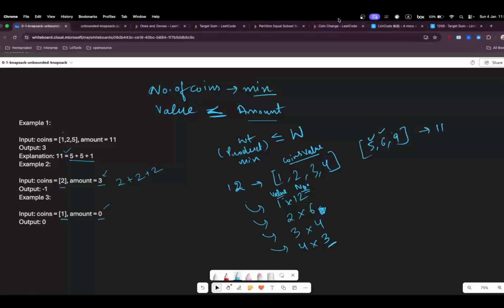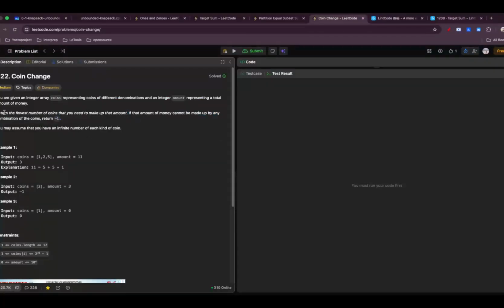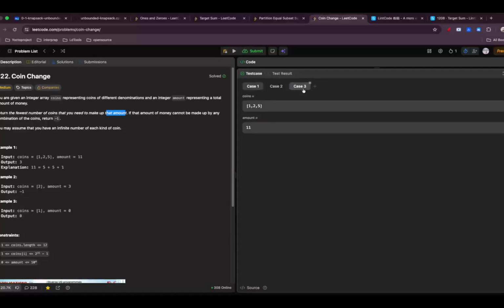Because if you see the question, it says return the fewest number of coins that you need to make up that amount. And it's about making up that amount. So even in the example you are saying, one value is 10, and then 5 and 6 maybe.